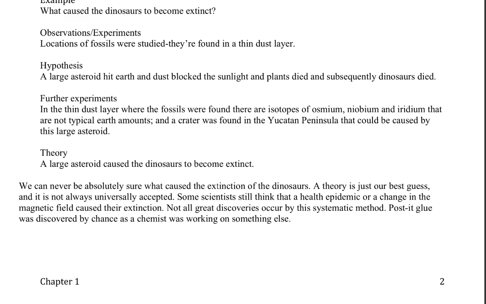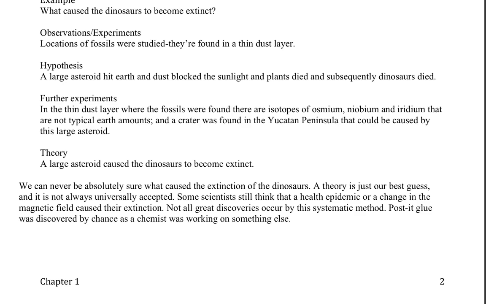So with the experiments so far able to be done, the data taken and so forth, the theory then emerges that a large asteroid caused the dinosaurs to become extinct.